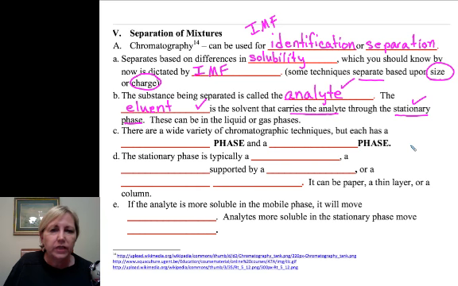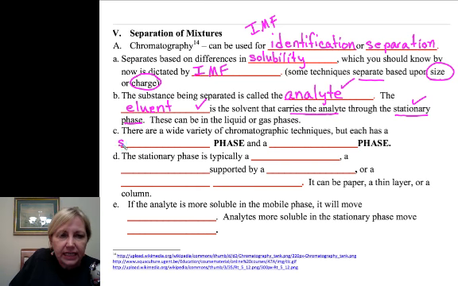These can be liquid or gas phases, or liquid adhering to solid phases. There's really a whole slew of techniques, but one of the general commonalities is that each technique has a stationary phase and a mobile phase.